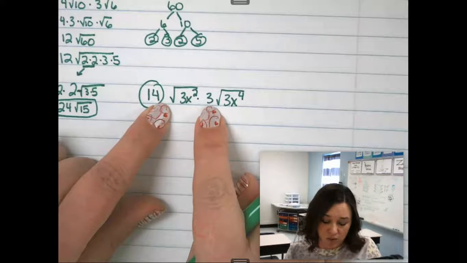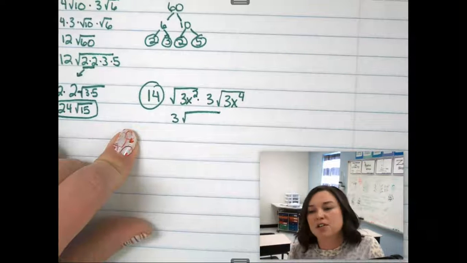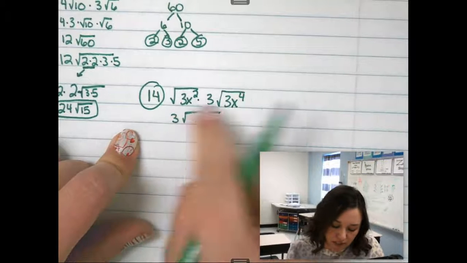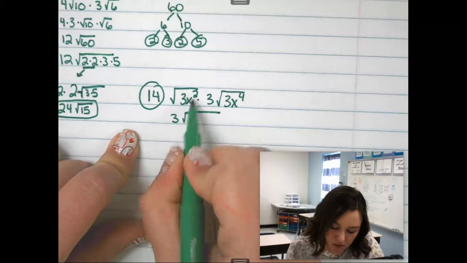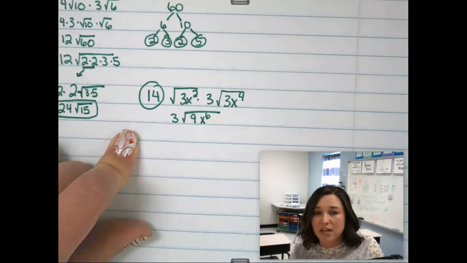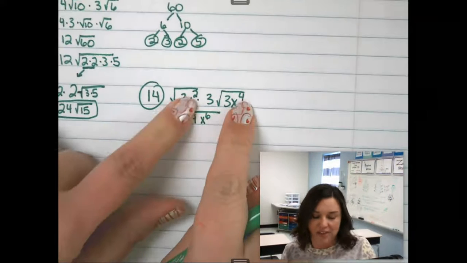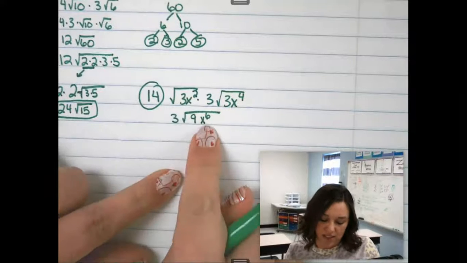We can't see it, but 1 times 3 is 3. And then I'm going to multiply together what is under the square root. So 3 times 3 is 9. X squared times x to the 4th is x to the 6th. This is one of the reasons we had to learn our monomial or exponent rules before doing this, because when we multiply things with the same base, we add the exponents. 2 plus 4 is 6.